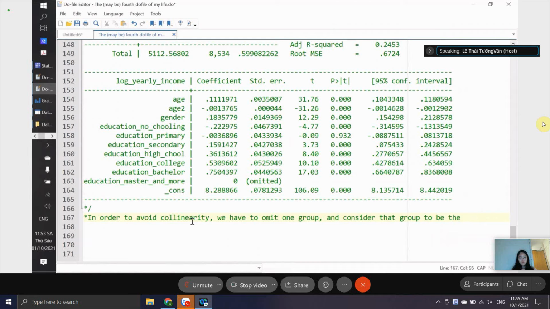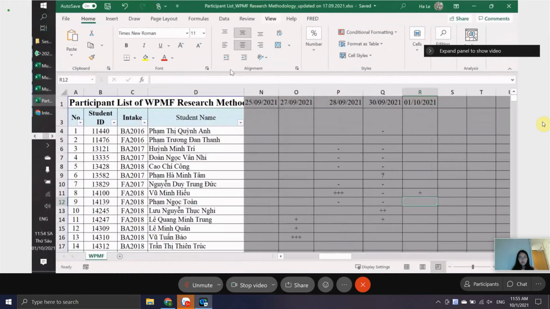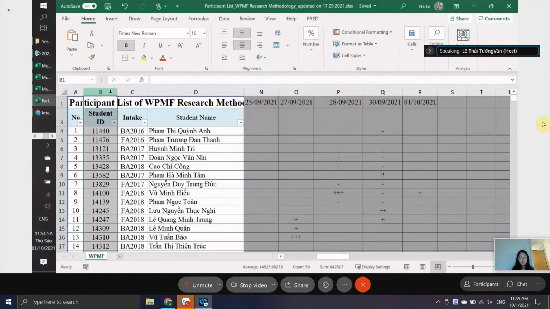Very important: the base group. And now the interpretation will make sense.